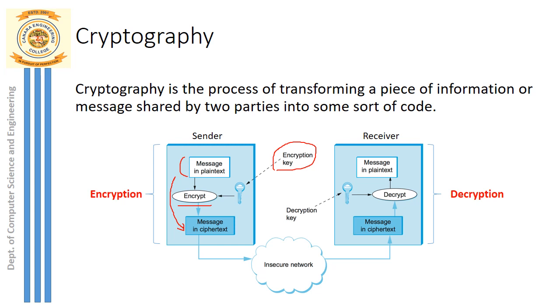This ciphertext needs to be converted back to plain text in order for the receiver to read the message correctly. The process of converting ciphertext back to plain text is called decryption. This decryption process uses a key called the decryption key. So decryption happens at the receiver side. The whole process of encryption and decryption we can call cryptography.